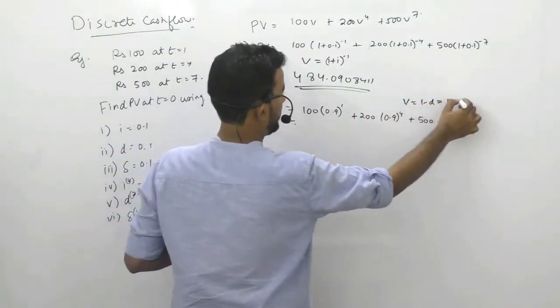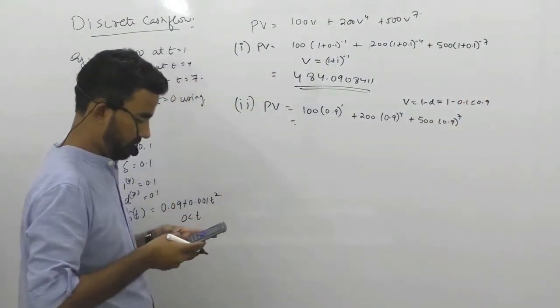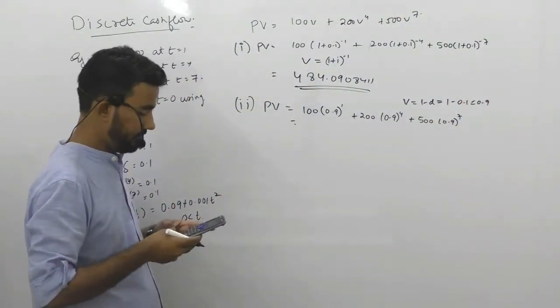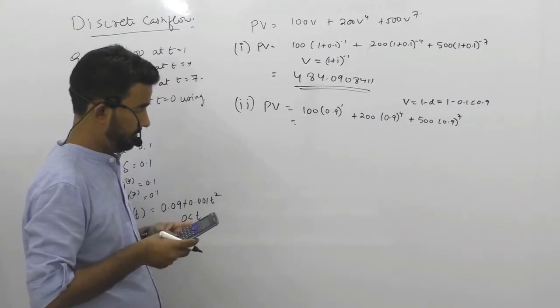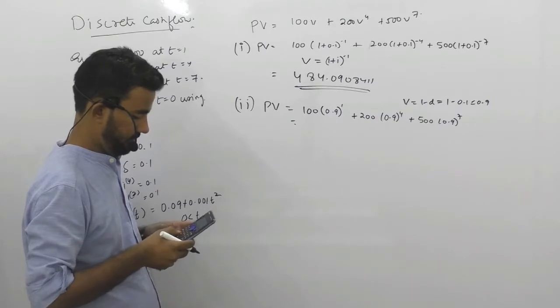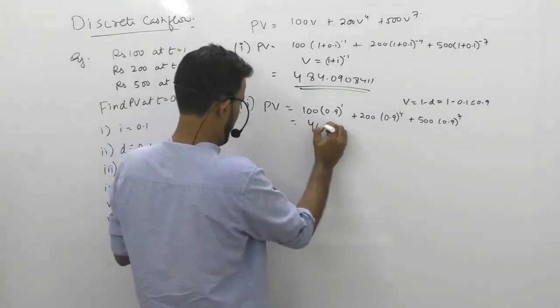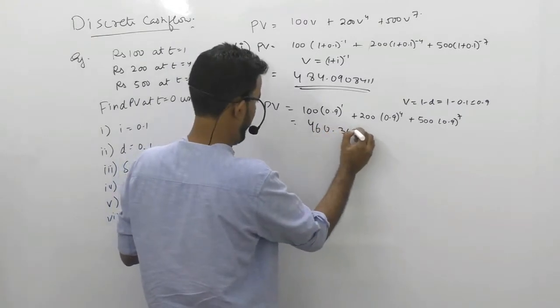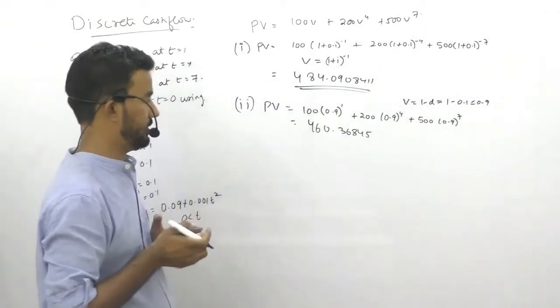Now let's see what the answer is. The answer that comes is 460.36845. Now this answer is smaller than the previous answer, 484.